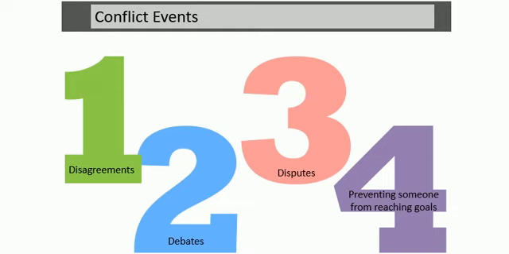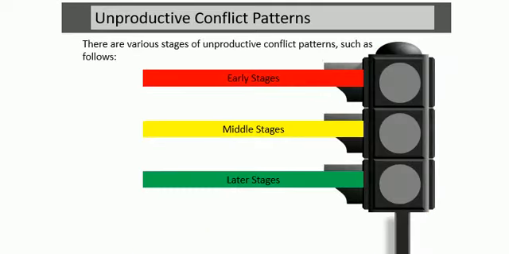Basically, these are the conflict events that will be a disaster for your organization. So we can avoid these conflict events by knowing the symptoms of conflicts, and we can manage them easily. So when we are talking about the management of conflicts, we will talk about unproductive conflict patterns. By recognizing the conflict symptoms and conflict events, we can recognize the conflict patterns.